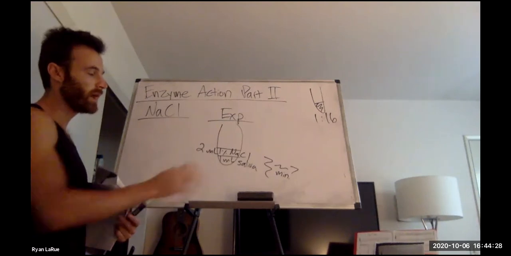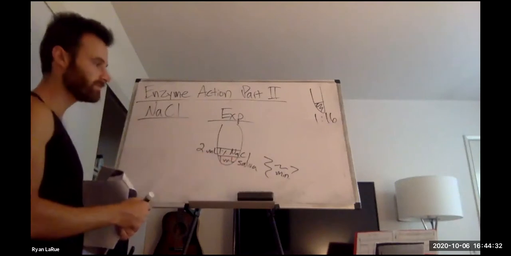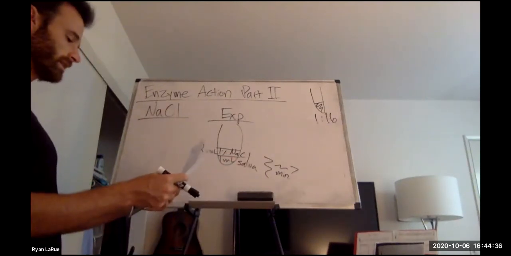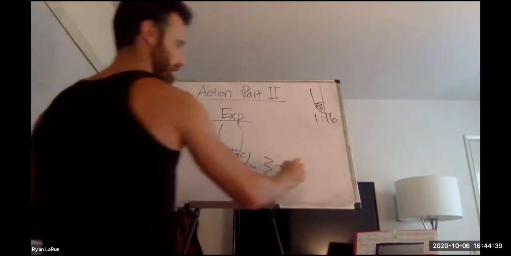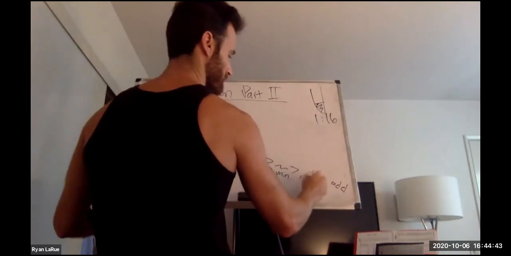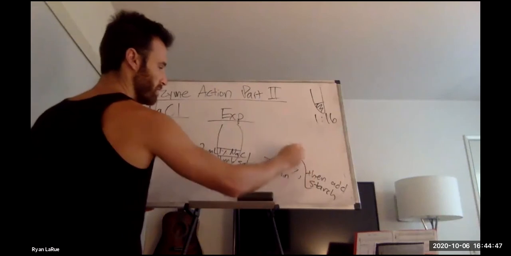So after about 7 minutes being exposed to the 1% NaCl, then we add the starch. So after the 7 minutes, we're going to add, so then add starch. And we'll add 2 milliliters.